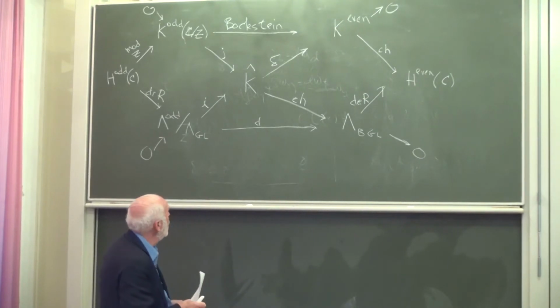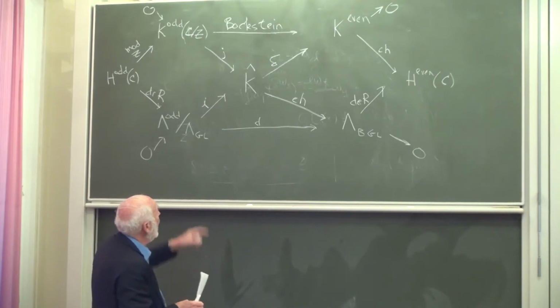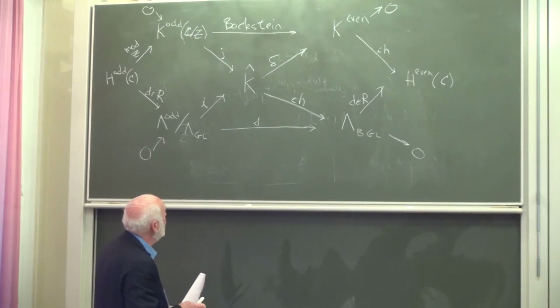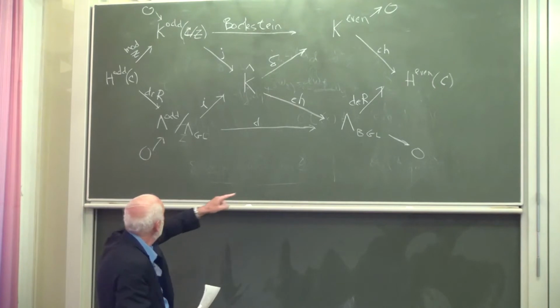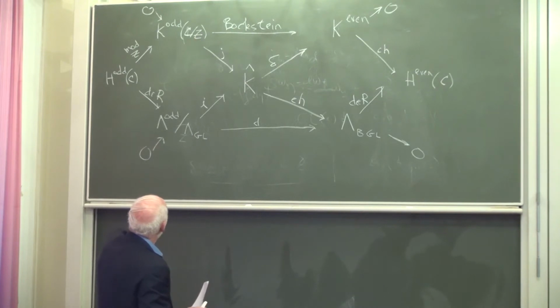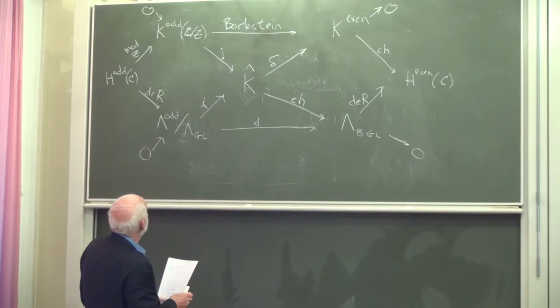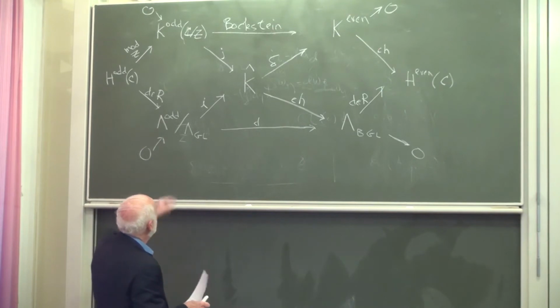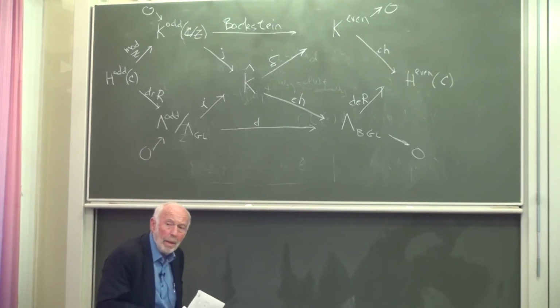Now it's K-theory in the upper right. These are various types of differential forms. That's K odd with coefficients in C mod Z. The Bockstein is a familiar name.